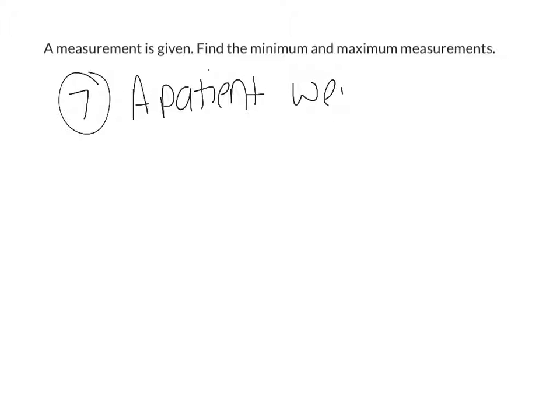Okay, now the last thing we're going to be doing today, and this is kind of a random thing. It's pretty simple. It says a measurement is given. I want to find the minimum and maximum measurement. So we'll kind of talk through this first one. Okay, so it says that we have a patient that weighs 178 pounds.